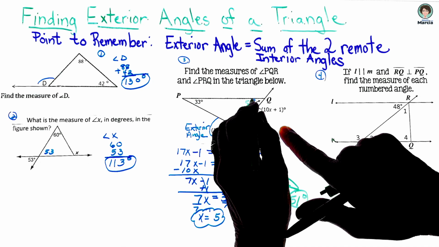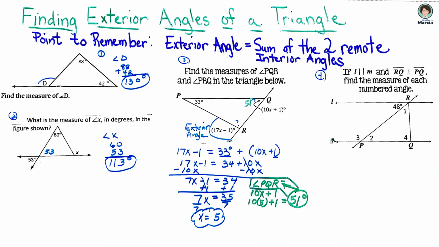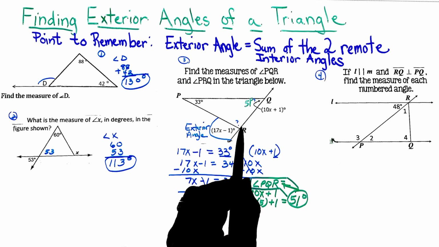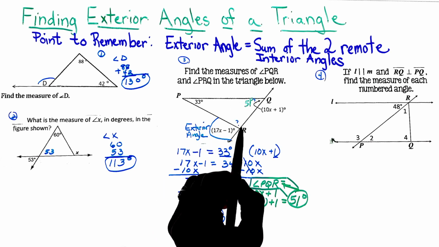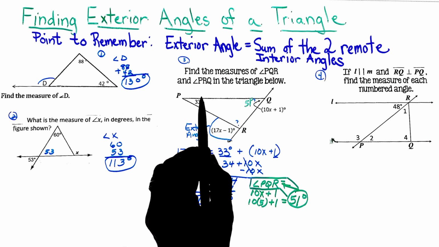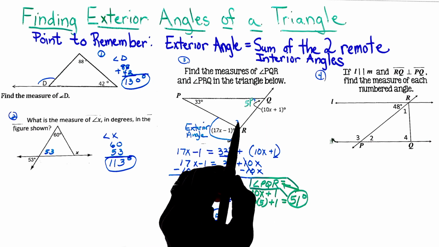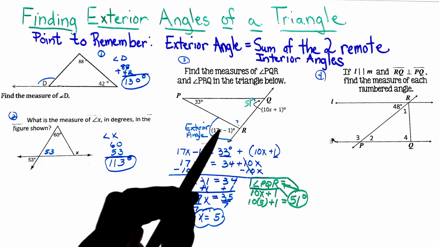It is 51 degrees. Okay. So now that I know that I have 51 degrees, I can use the triangle sum theorem because I know all of the angles of a triangle add up to 180 degrees.